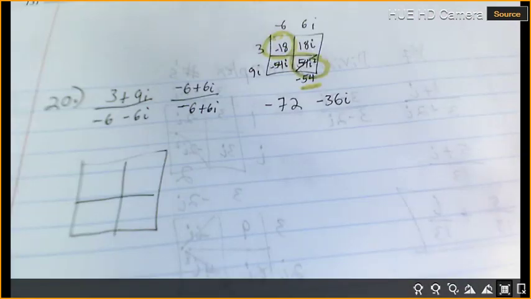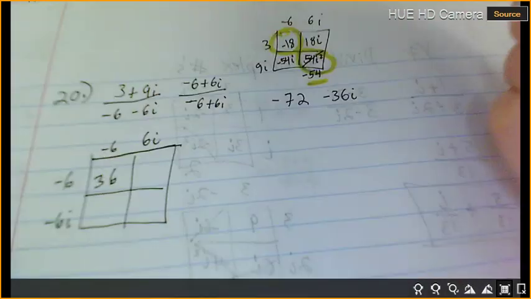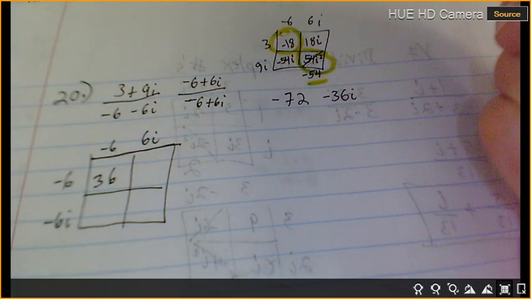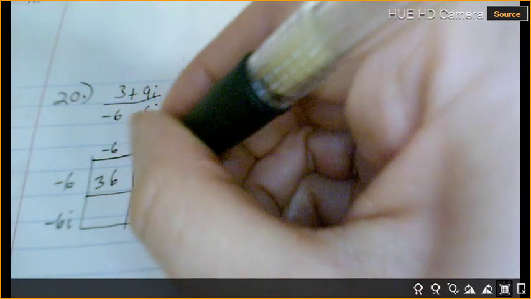Yep. And so for this one, remember I should just get a whole number, otherwise I did something wrong. Got negative 6 and negative 6i, and negative 6 and positive 6i. Negative 6 times negative 6 is a positive 36. Negative 6 times 6i is a negative 36i.